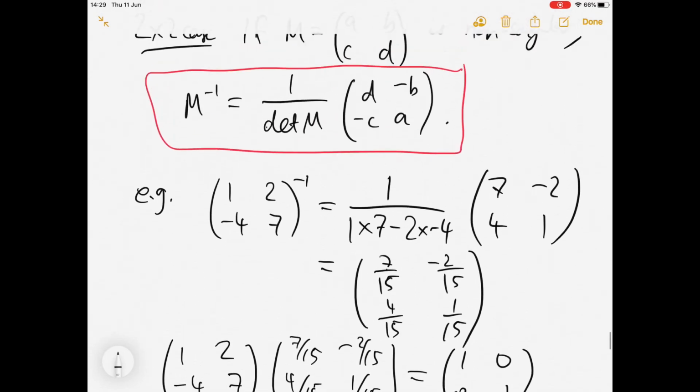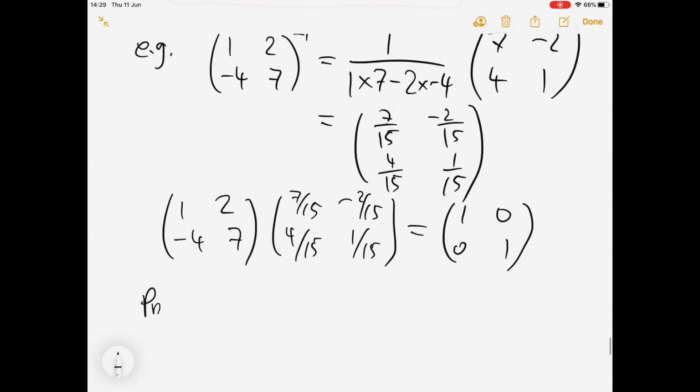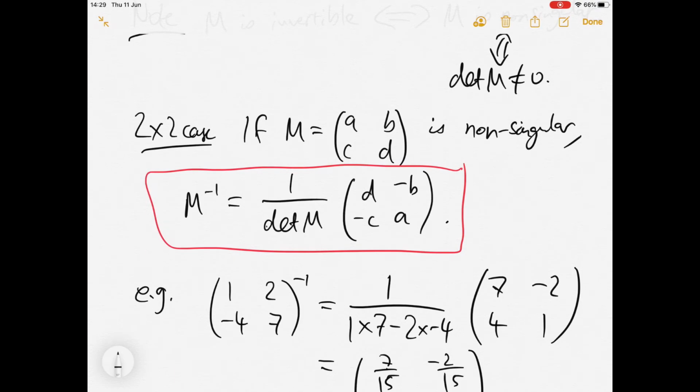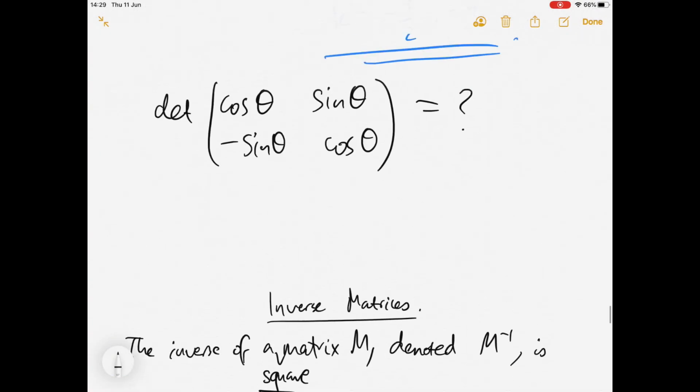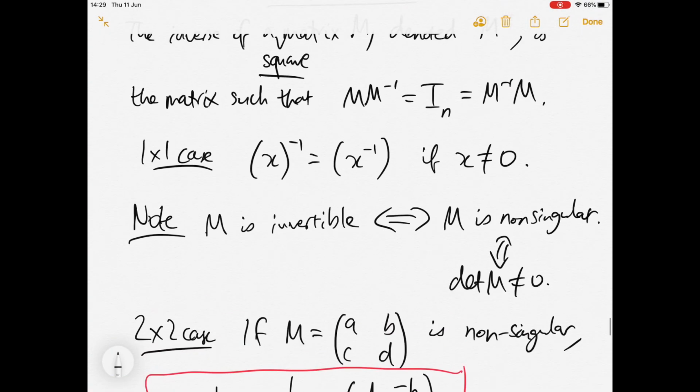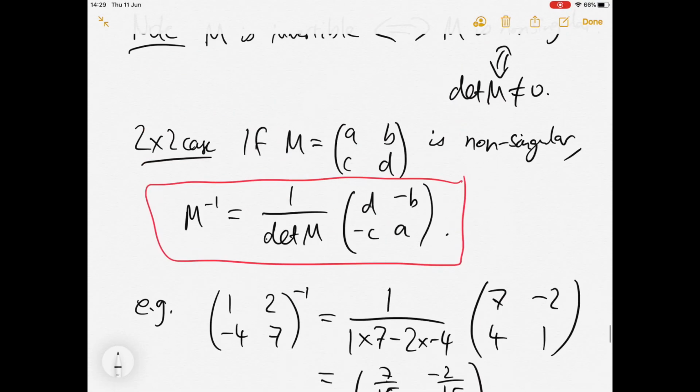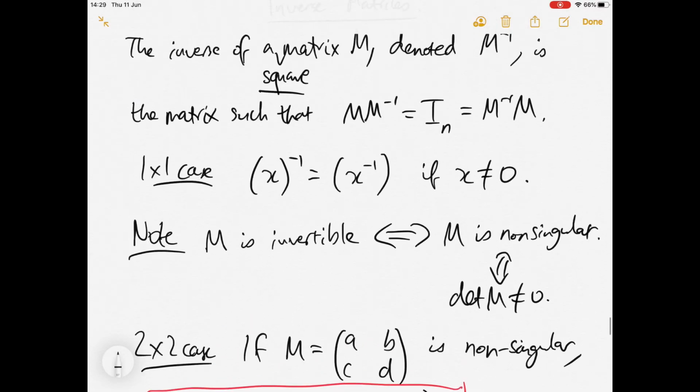Okay, now let's prove this formula in the red box. What do we want to show? If M is the inverse, we need to show that M M inverse is the identity matrix, and the same the other way around. I'll only do one way around.